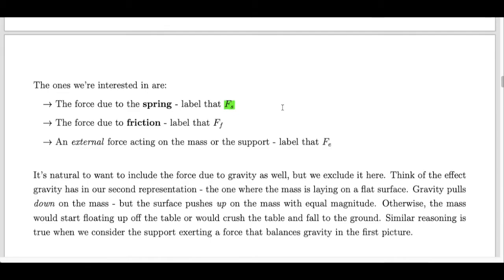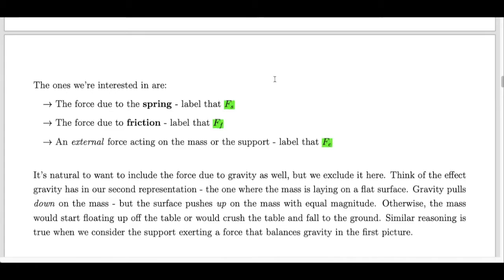And here I'm thinking of friction pretty generally. This could be air resistance, or this could be the actual friction between the mass and the surface that it rests on. Either way, we're going to denote the force due to friction as capital F sub little f. And then we also want to account for any external force that could be acting on our system somehow. We'll label that as capital F sub E.